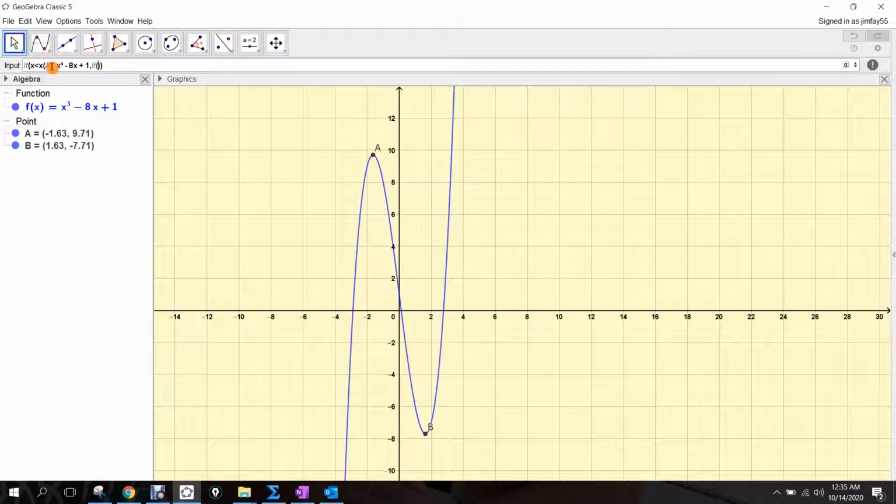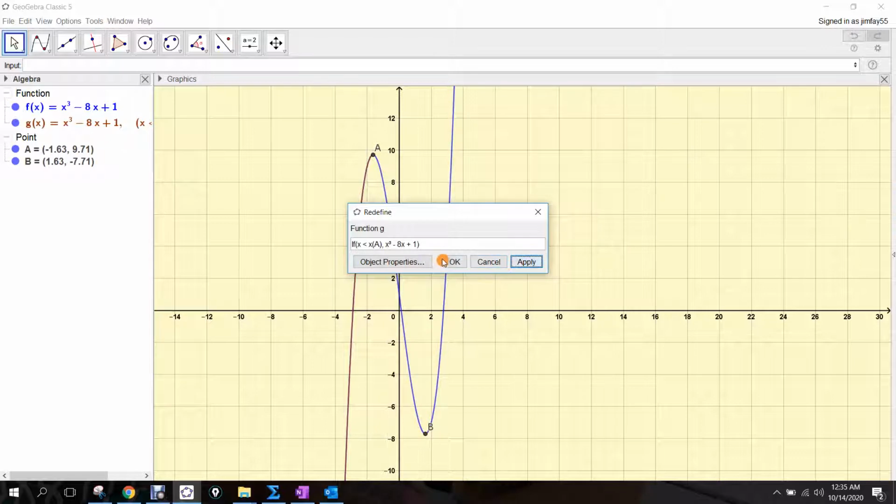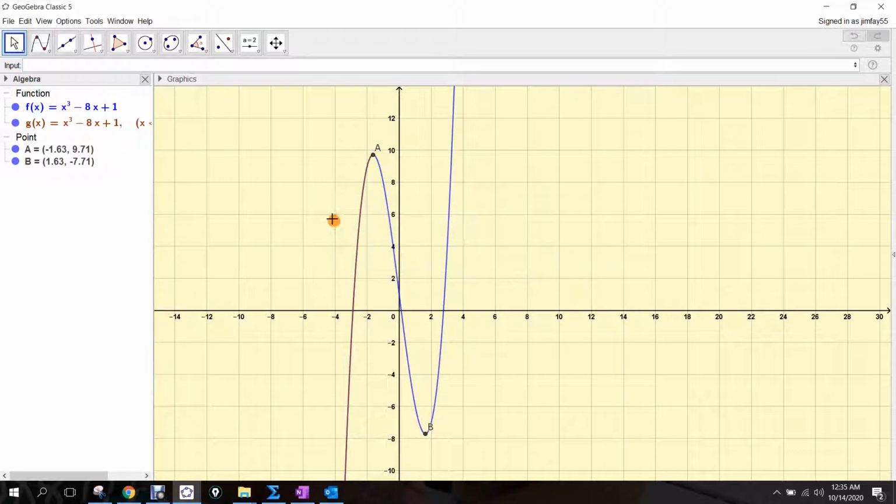If x is greater than the x value, don't worry about what I'm typing in, I'm just trying to get this thing to have some conditional formatting, different colors for me. Okay, I shouldn't have done it that way. Okay, so that's good enough.